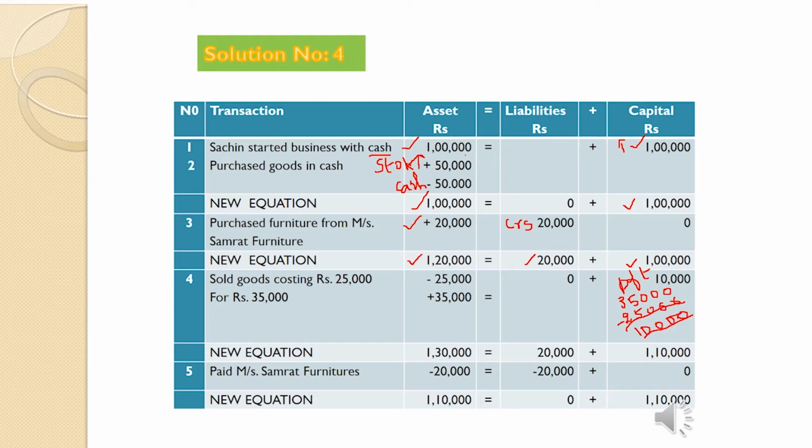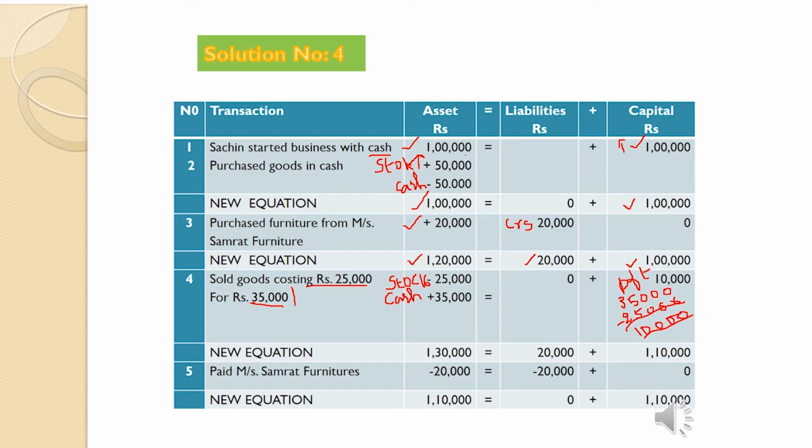So here 1,20,000. Minus 25,000 is the stock value decrease. Stock decrease, so minus 25,000. Cash increase, so plus 35,000. Stock value 25,000, but we receive cash rupees 35,000.